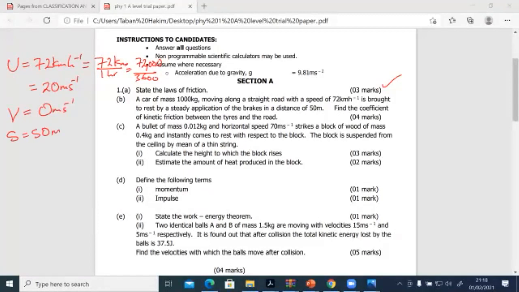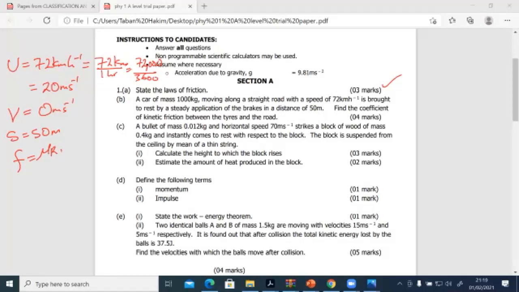Find the coefficient of kinetic friction between the tires and the road. So how do you find the coefficient of friction? It is got from simply F = μR, where μ is the coefficient of friction, F is the friction, and R is the normal reaction.